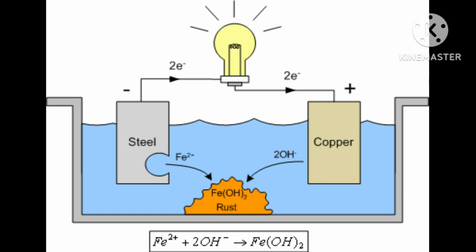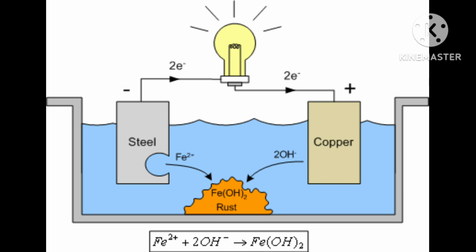Then the reaction you can write: 2Fe gives 2Fe2+ plus 4 electrons, and this is the reaction at anode.